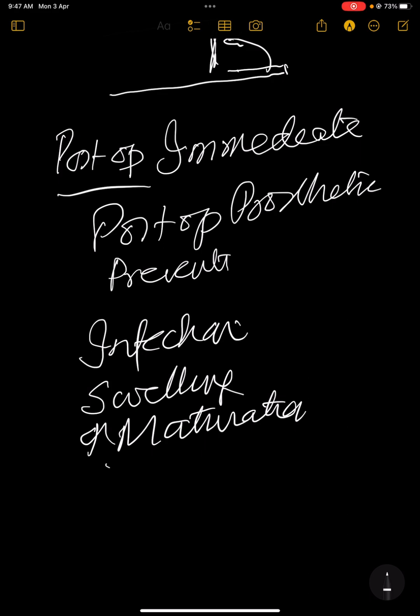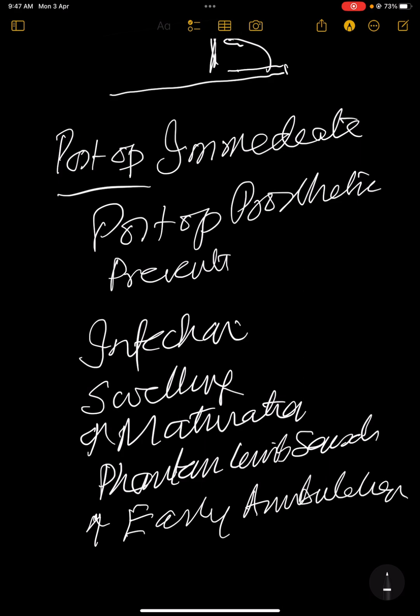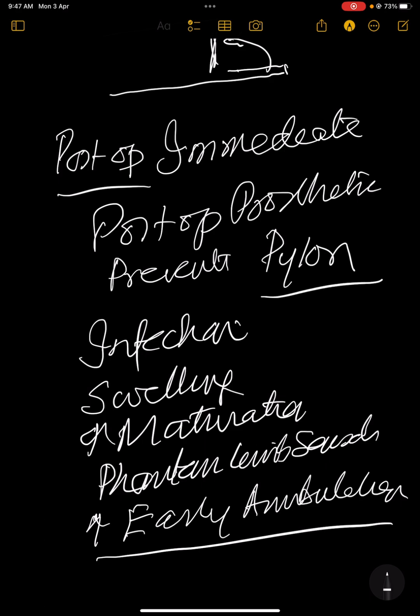It prevents phantom limb sensation. And it promotes early ambulation. So these are the advantages of immediate post-operative prosthetic fitting. Here you attach a pylon to the socket, to the plaster socket. So this is immediate post-operative prosthetic fitting.